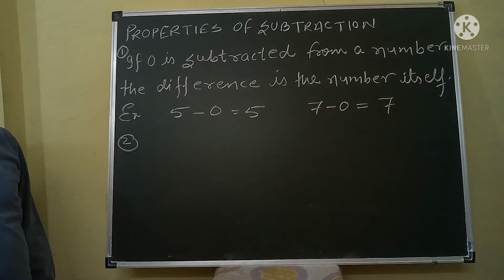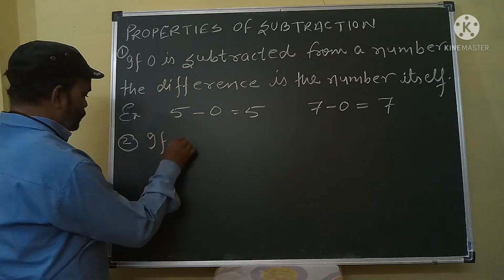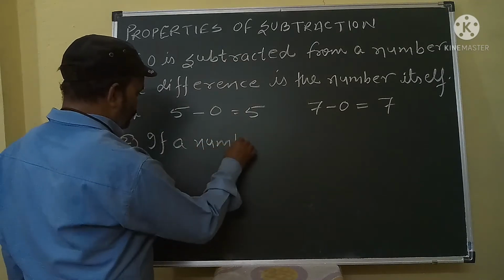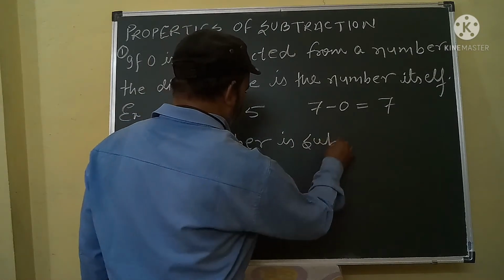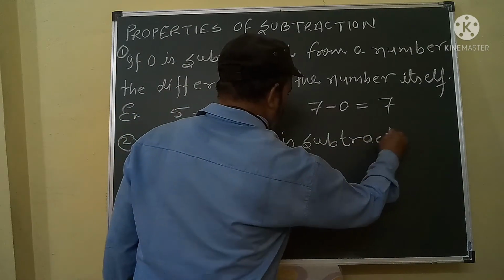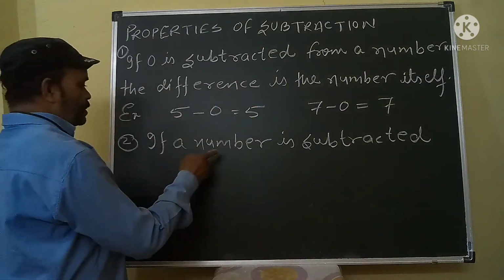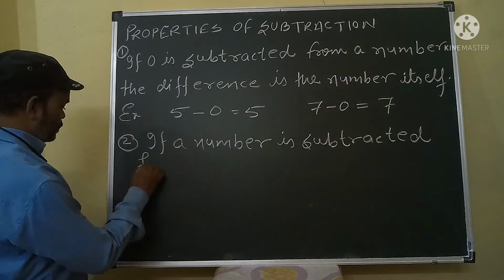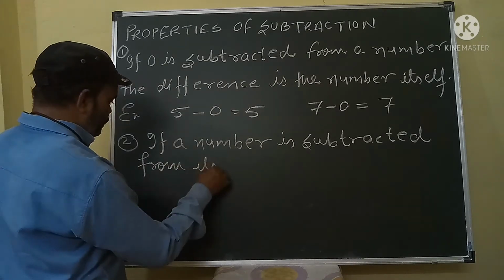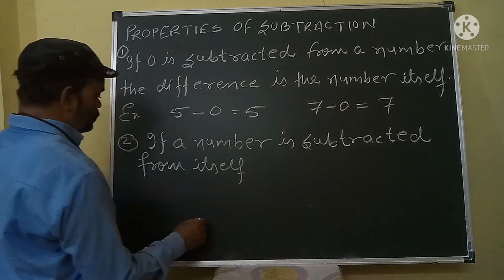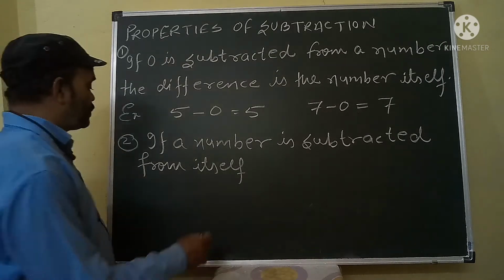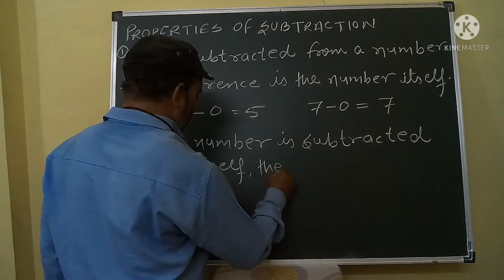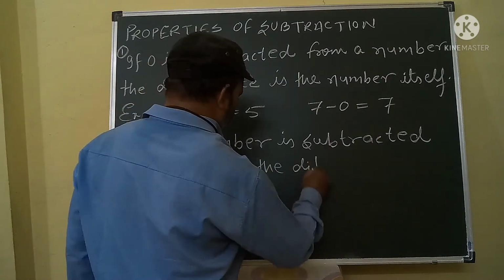Okay. And this is the first property. Your second property is, if a number is subtracted from itself, then the difference is 0.